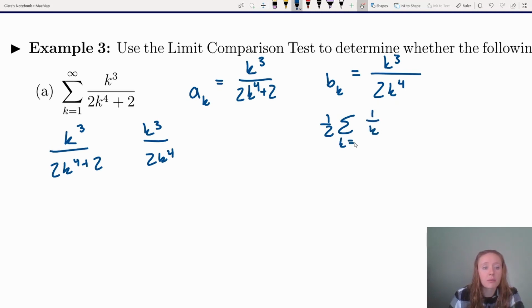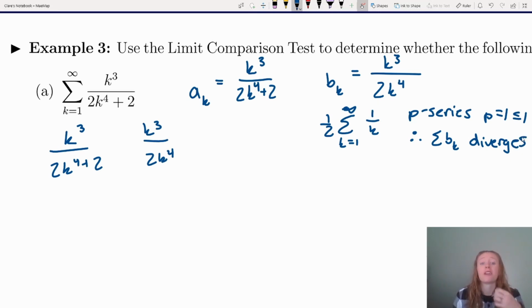And that's going to go from k equals 1 to infinity, which is a p-series, or our harmonic series, because it has a p-value of 1, which is less than or equal to 1. Therefore, our b sub k diverges.